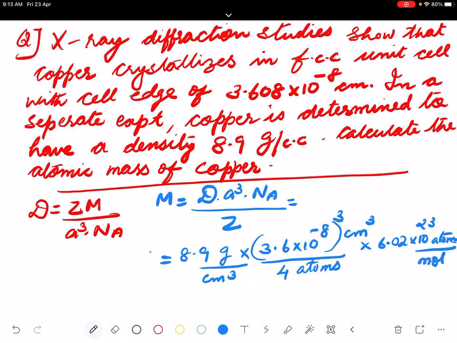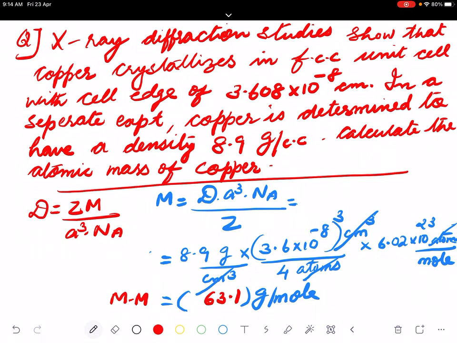Atoms get cancelled, centimeter cube gets cancelled, and what remains is grams per mole. After calculating, you will be getting the answer as 63.1 grams per mole. This is the molar mass that we are calculating.